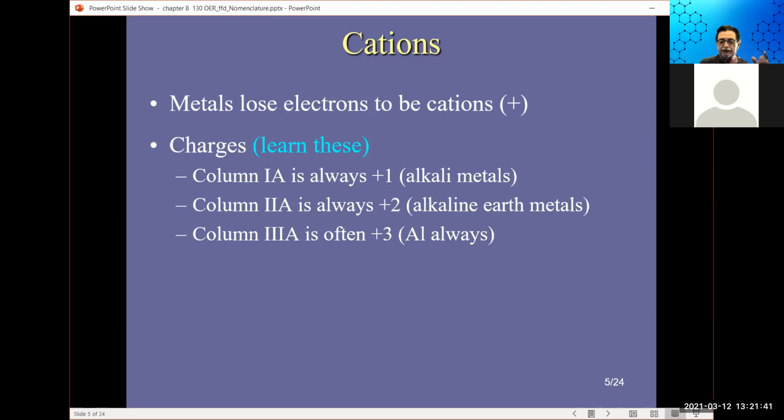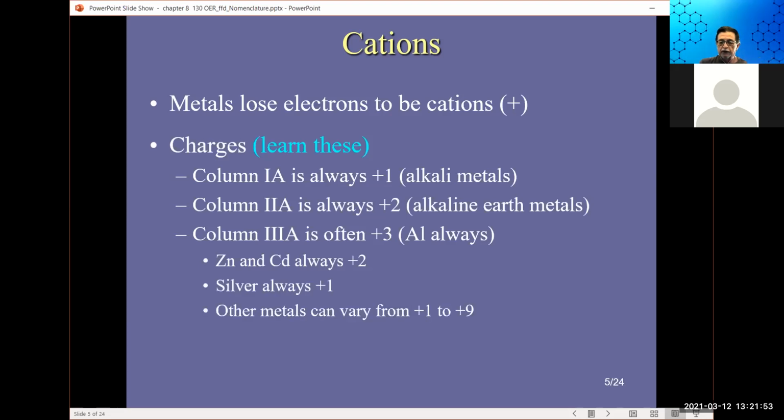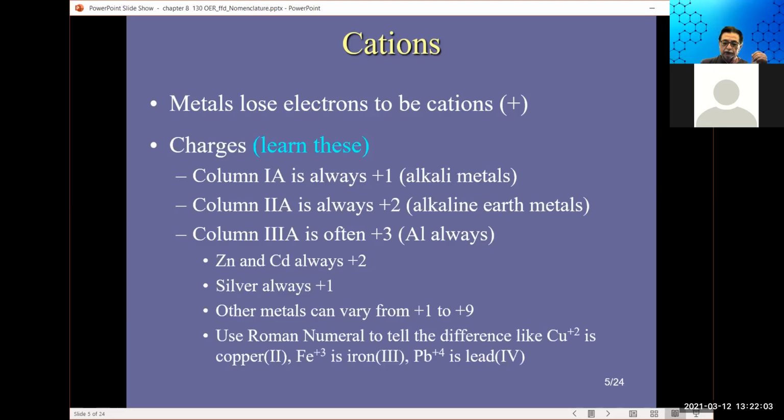It depends on the conditions, but by and large, it loses also the three electrons. Zinc and cadmium always have a +2, and silver is always a +1. All the other metals, their oxidation number can vary from a +1 to +9. Very, very wide range.